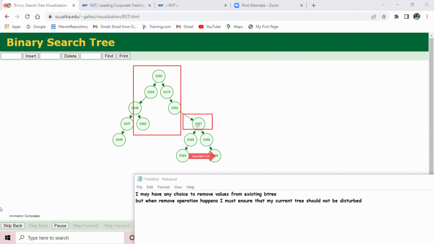But if I need to make them intact, once again the question arises: what will happen if I delete this 87 for these nodes? 84, 85, 89, and so on. How will they be arranged over here?